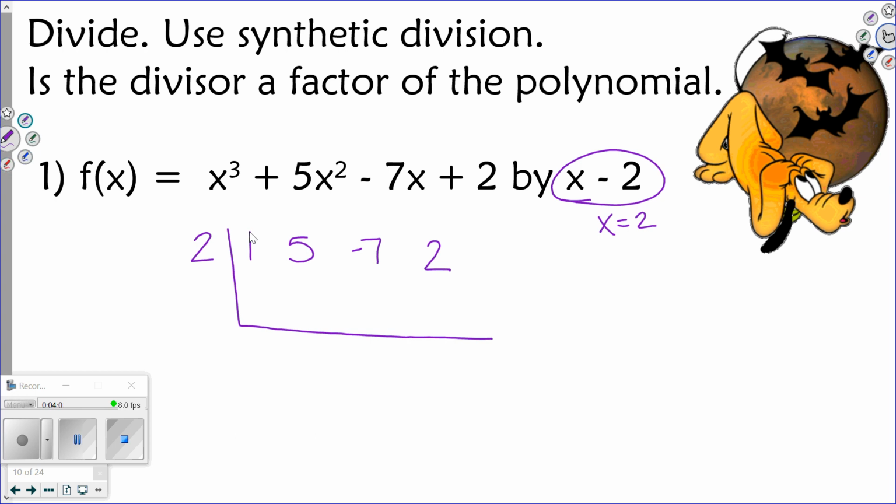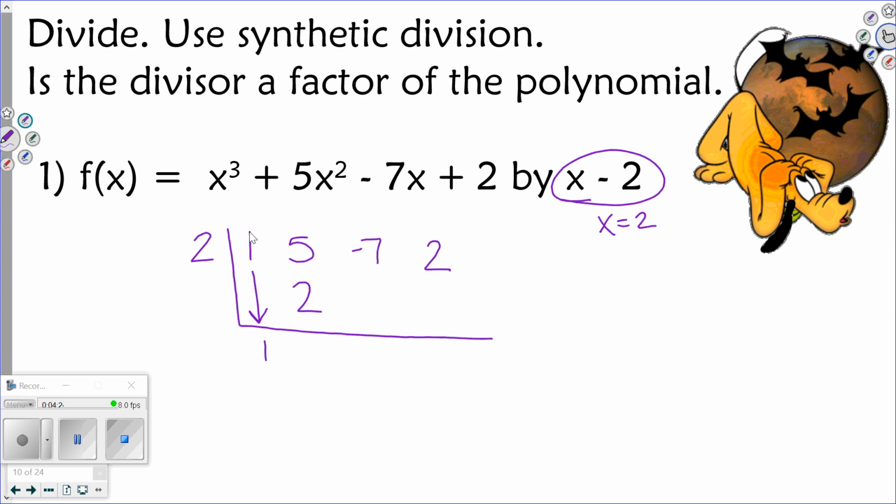Whatever your first number is that you wrote down, draw an arrow underneath it, and it drops straight down. If that was a 5, I'd write down a 5. If it was a 7, I'd write down a 7. We are going to multiply this number by this number. 2 times 1 is 2.